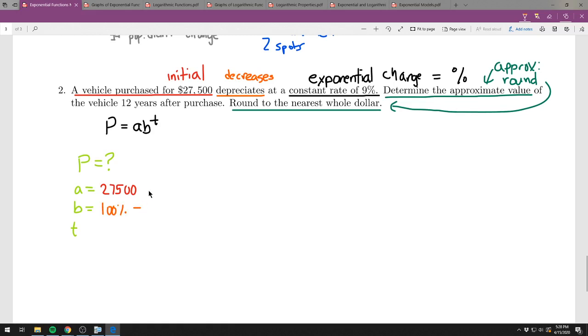Depreciates means it's decreasing. So we subtract. And it's depreciating at 9%. So make sure you go ahead, simplify this out, and switch it to a decimal. 100 minus 9 is 91%. And 91%, if we move the decimal place twice, it's at the end of the 91, we get 0.91. We'll use that for B.